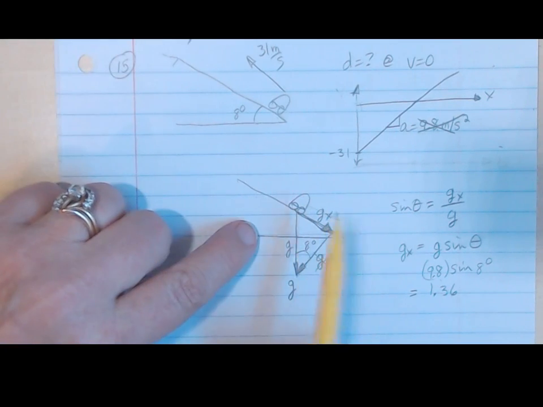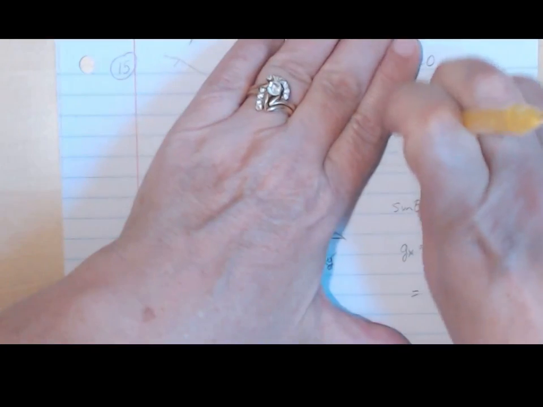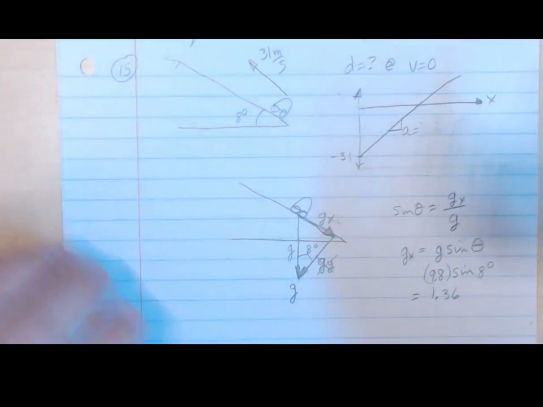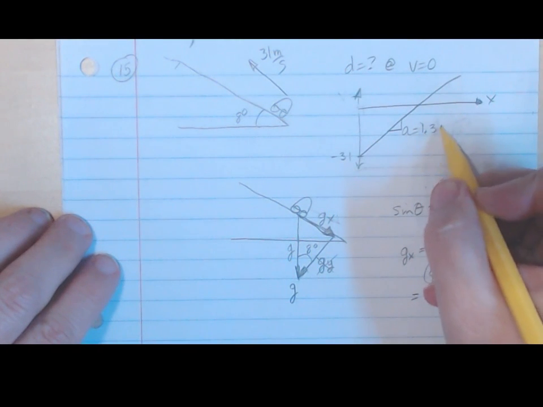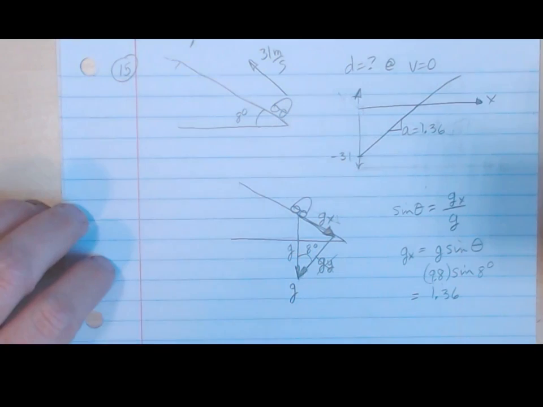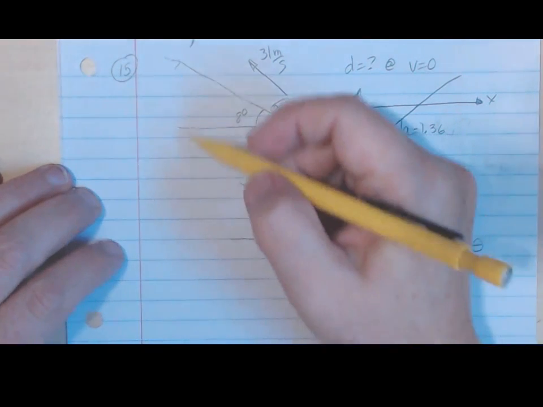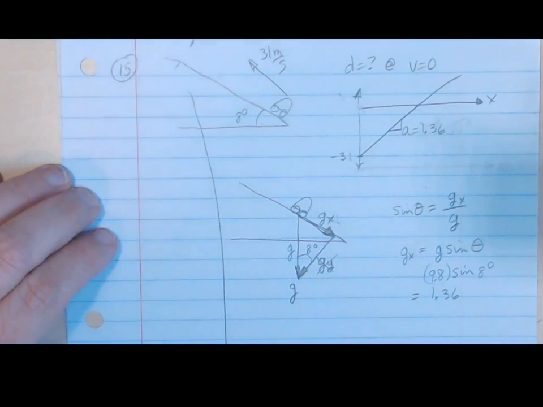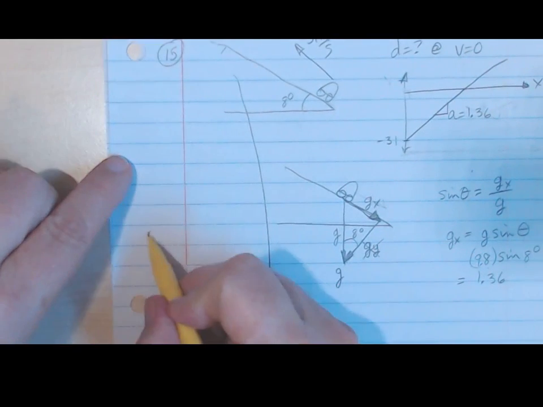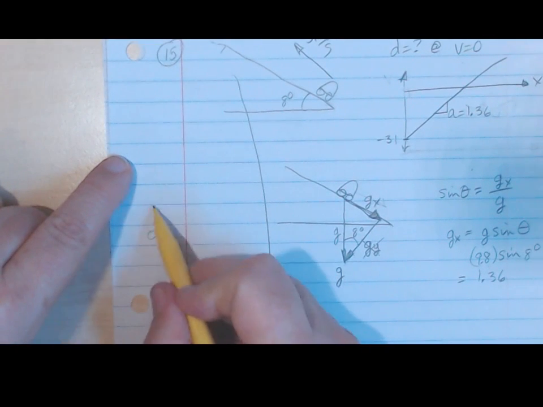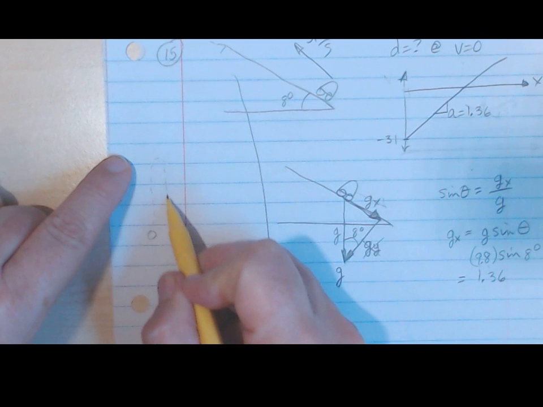Now again, I can come up here, and I now know my acceleration, so I can apply this to this slope. I now know that acceleration is 1.36. Again, let me just remind you, this was very similar to what we were doing for free fall. If I had a ball I was throwing straight up, it went up and came back down like this.